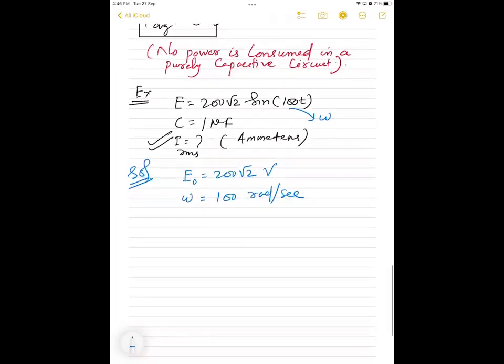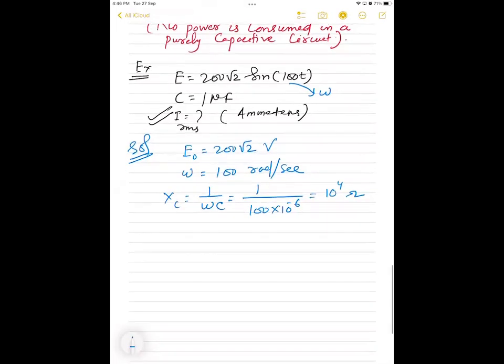So 2 pi f is equal to that, and XC is equal to 1 by omega C, that is 1 by 100 into 10 to the power minus 6, correct? Yes. That is equal to 10 to the 4 ohm. Understood? If we find IRMS, then that is equal to ERMS by Z, correct? Yes. And ERMS is E naught by root 2, है ना?